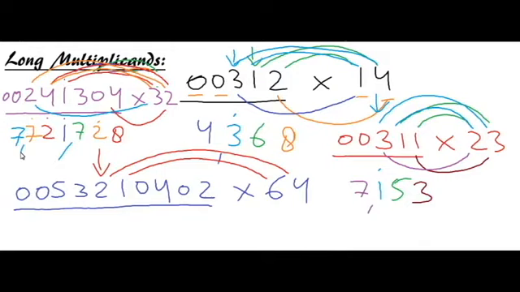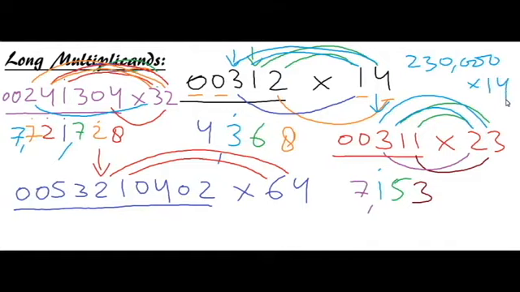Now before I finish, let me tell you one thing. If there are zeros at the right side of any number, if it's multiplicand or multiplier, doesn't matter. Let's say we have to multiply 230,000 by 14.